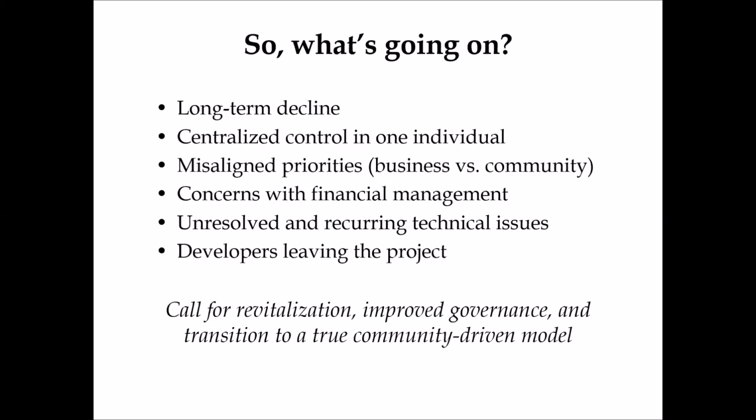There also seem to be some problems with the way that money is coming in and going out. And there are various technical issues, where bugs are reported but don't get fixed for a long time. So what happens is that developers have been leaving the project, and now there's been a major call for changes to the governance and how things are developed.